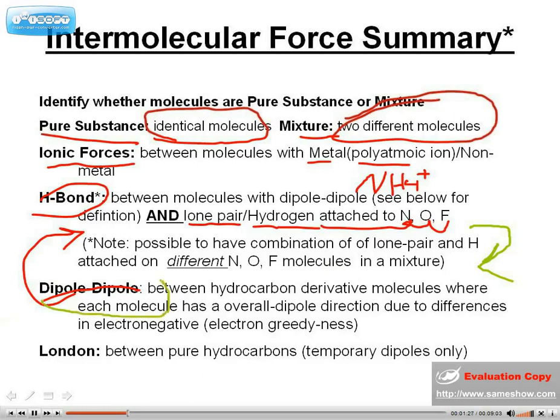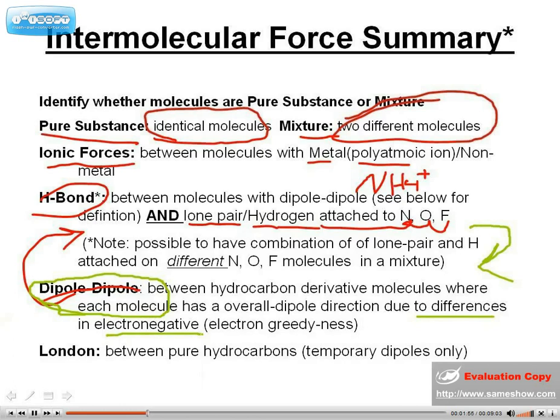Dipole-dipole is when we have an overall dipole present in a molecule, and it can be a pure substance or it can be a mixture, and this is due to differences in electronegativity. If you're ever lost on which atom is more electronegative than the other, keep in mind that all roads lead to fluorine.